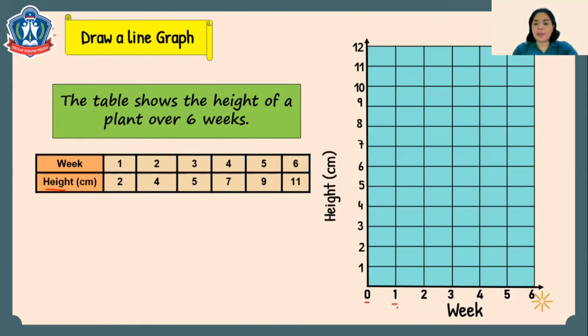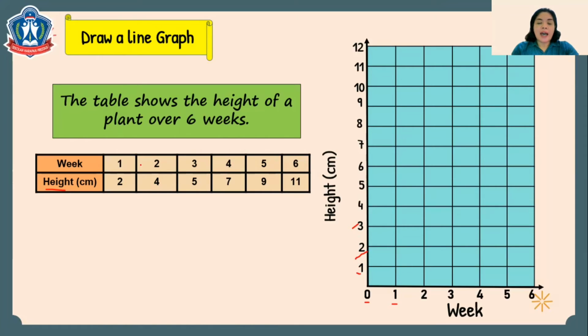You can use a gap by counting by 1 or by 2 or by 3, by 4. You can make it by 5 or by 10. It's up to you. It depends on your data. Since this is only about the height of a plant, we can use by 1. So it means 1 centimeter, 2 centimeters, 3, and so on.